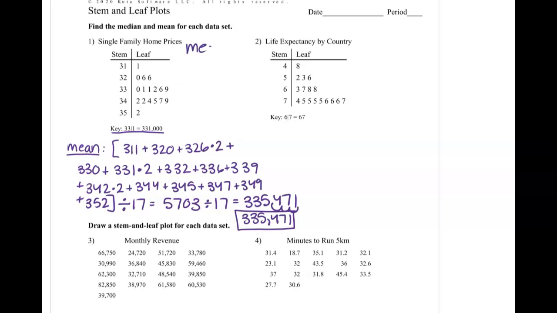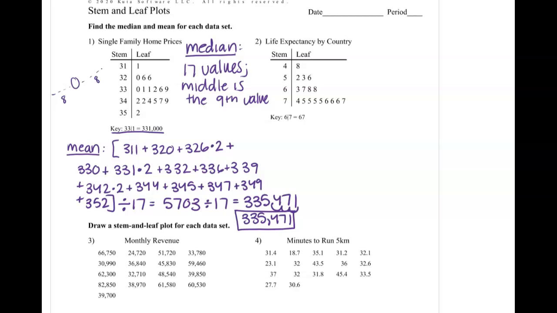For our median, you could list these all out if you wanted and find the median that way, but they are all in order, technically. So, since there's 17 values, the middle is the 9th value. Because if you picture, if there's 8 over here, there's your median, 8 over there, okay?